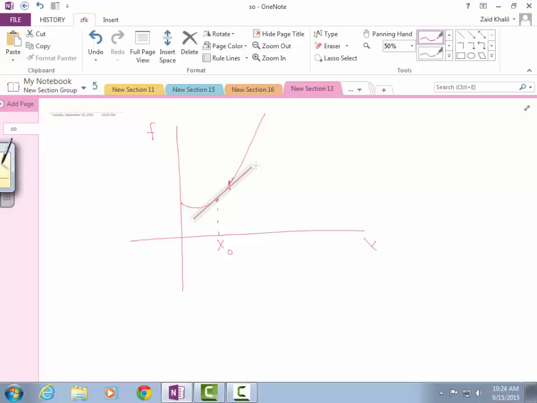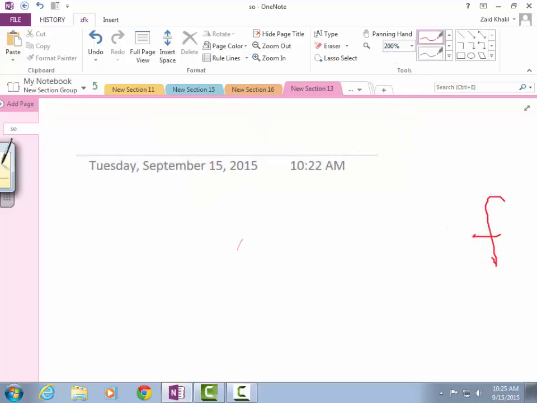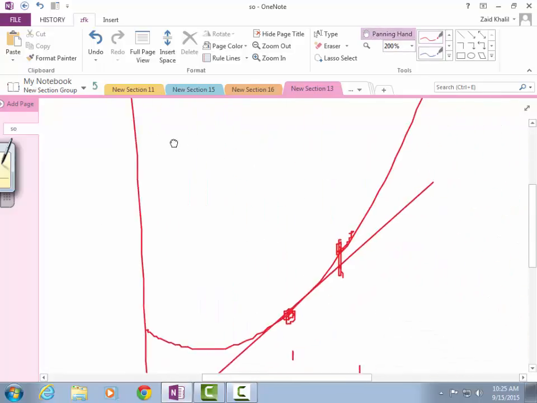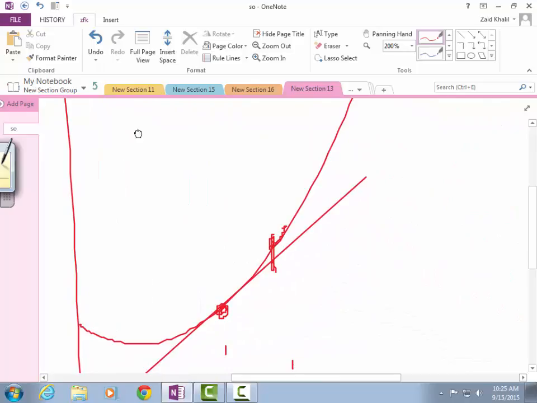And notice, at this point x, how close is my approximation? That's right. In other words, it's just this distance, that right there. It's not Euler's method. This is just a linear approximation to a function. This right here is the error.